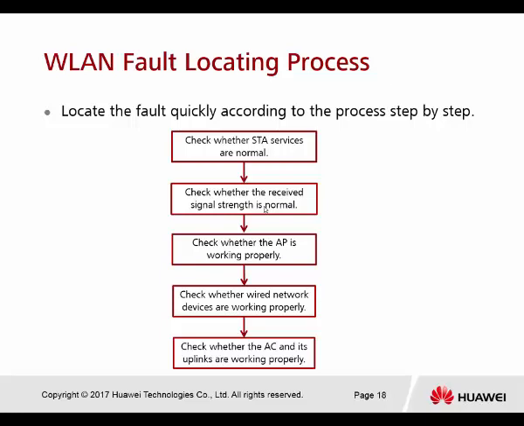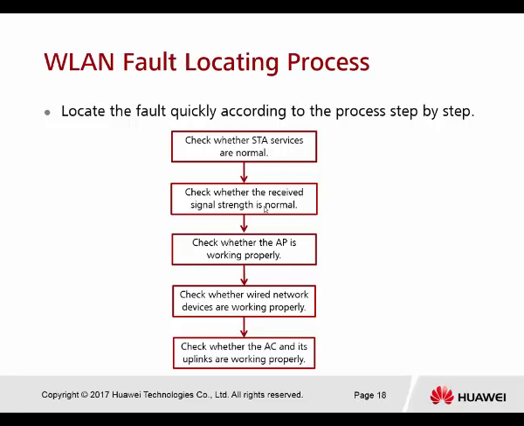After doing the troubleshooting on the STA, the next step is to check whether it is a signal strength problem. Sometimes the wireless is not stable because of some other interference, or maybe the signal is too weak after passing through too many obstacles.